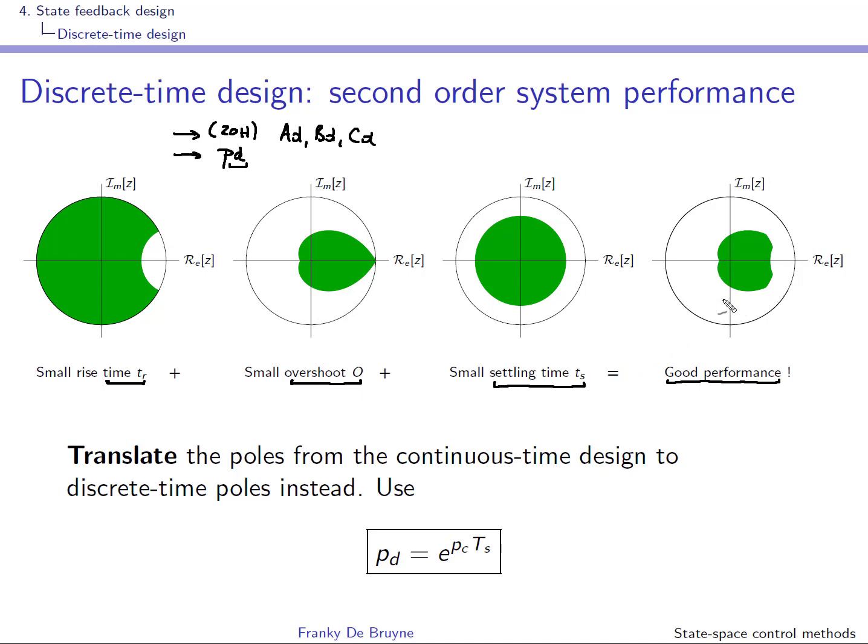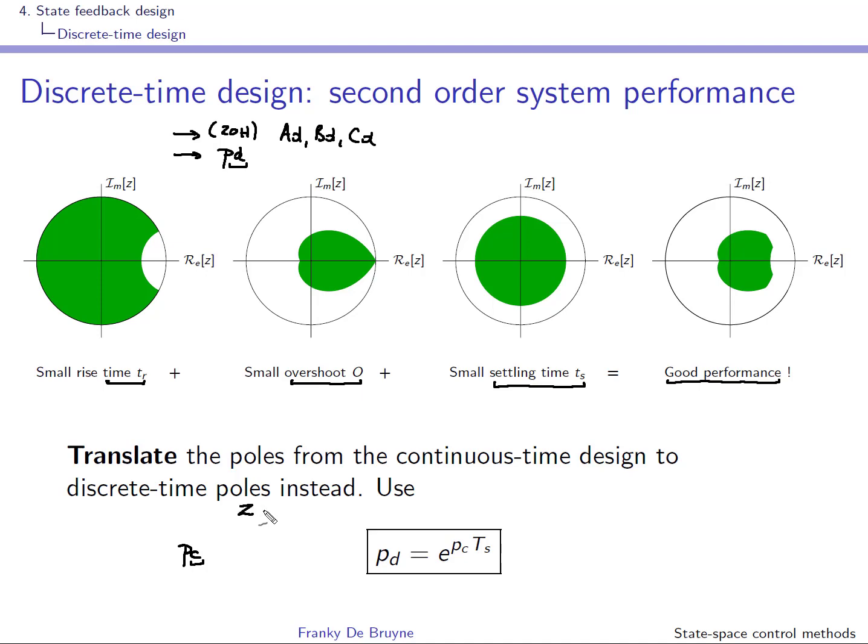As you can see, assigning the poles in discrete time does not come as naturally. So what we'll do is a continuous time design. We'll assign continuous time poles as explained before, and the subscript C means here poles that were assigned in continuous time, and we'll use the relation between the Z domain and the S domain.